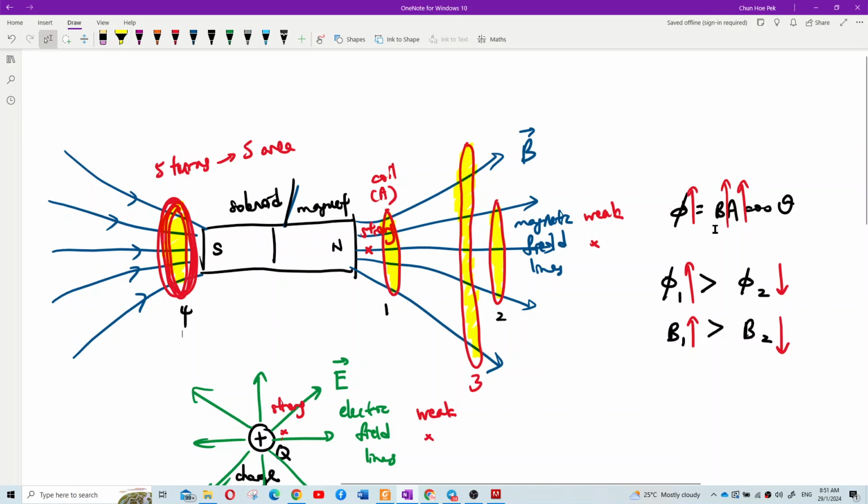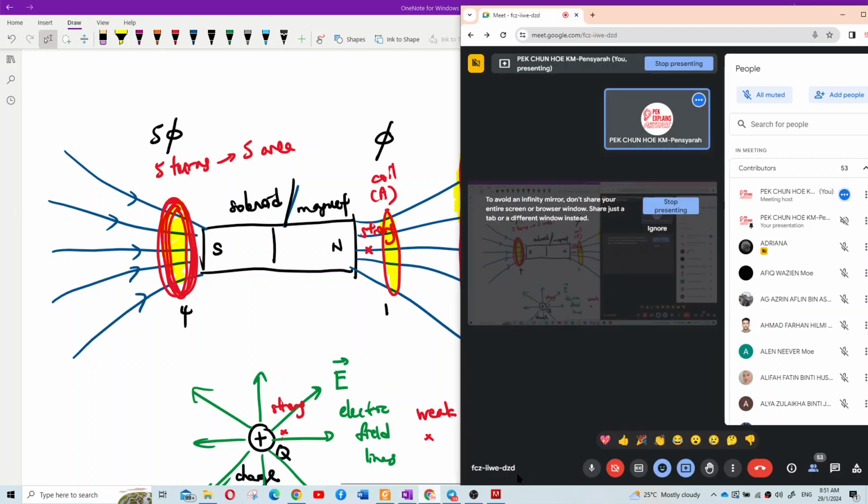The flux is multiplied by 5, isn't it? Last time it was only one flux, now it becomes 5 flux because I have 5 areas. Multiply by 5 lah. Correct or not, class?